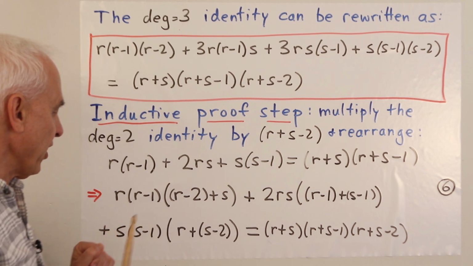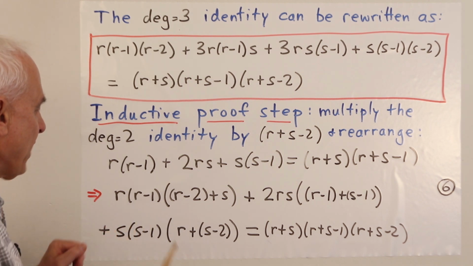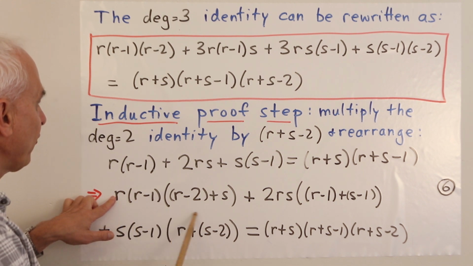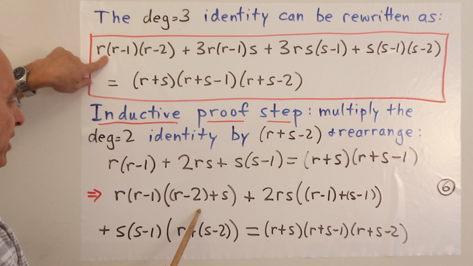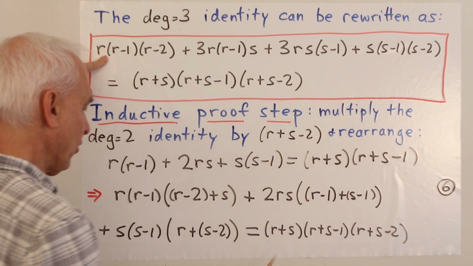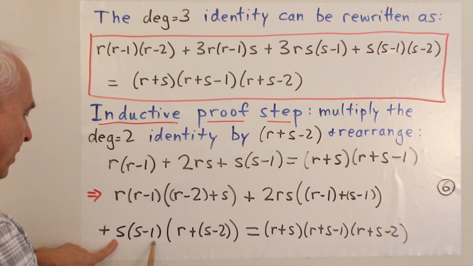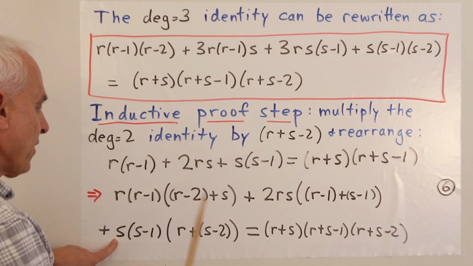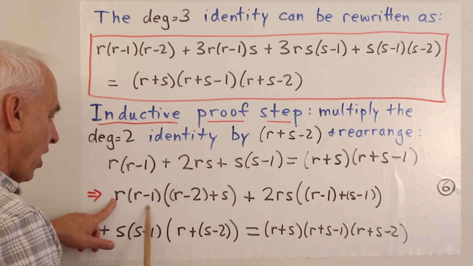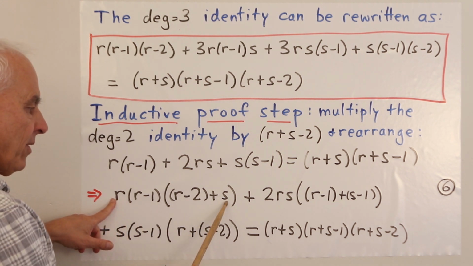And now let's stare at this, and we'll see that when we expand this out, we get r times r minus 1 times r minus 2. That's exactly this term on this side here. And this s times s minus 1 times s minus 2 is obtained from here times here times here. The terms that we haven't yet taken care of are the r times r minus 1 times s.